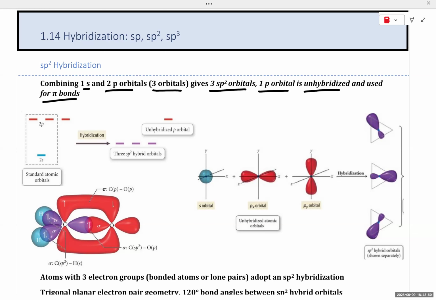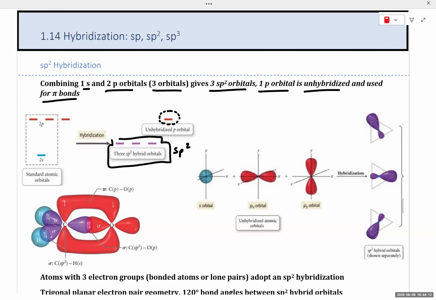So as you can see, when we combine an s orbital and two p orbitals, we end up with three hybrid orbitals. These are sp2 hybrid orbitals. And we have left over an unhybridized p orbital that can be used to form pi bonds.